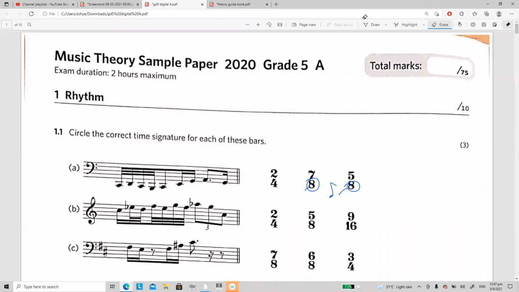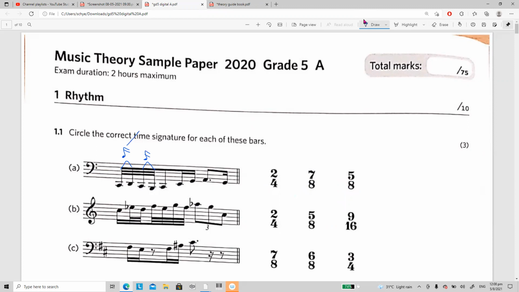Now let's look at the music. So the first 4 notes have triple tails. As you know, a note with 3 tails and another note with 3 tails will equal a note with 2 tails. This one has 3 tails, 3 tails. It adds up to become the note with 2 tails.